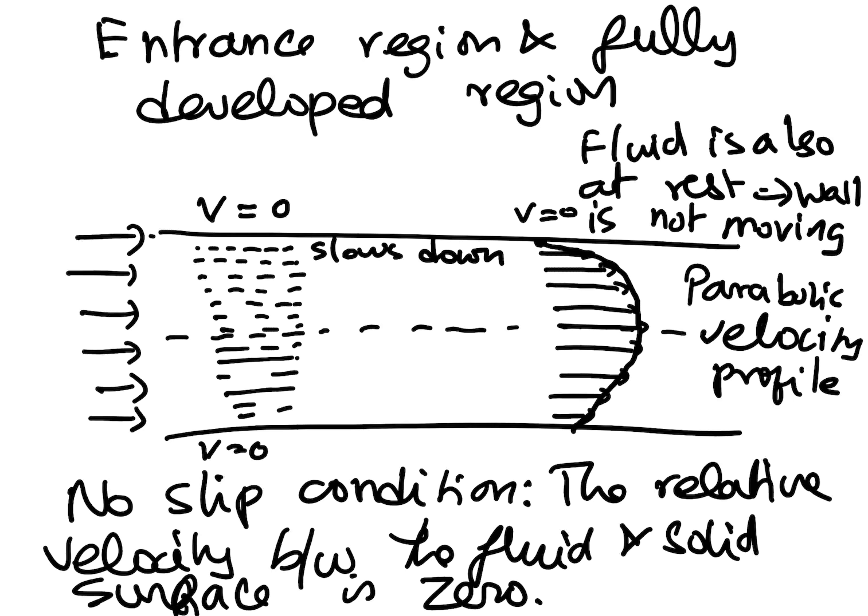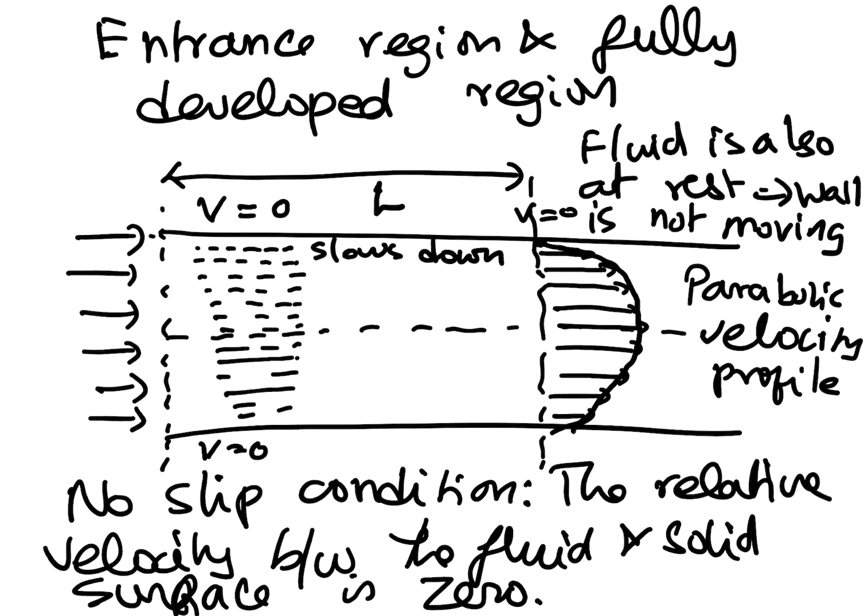The development of this parabolic velocity profile takes a certain distance. Here the fluid enters with uniform velocity, and a certain length down the line, let's call it L, the fluid velocity becomes fully parabolic.